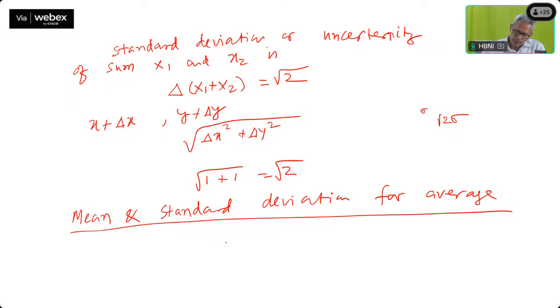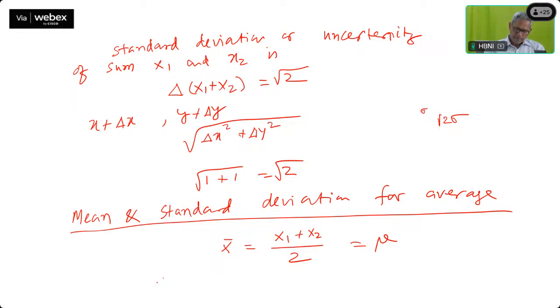Average means suppose you have two variables. If I calculate x average, it is basically x1 plus x2 divided by 2. So this you sometimes call the mean.